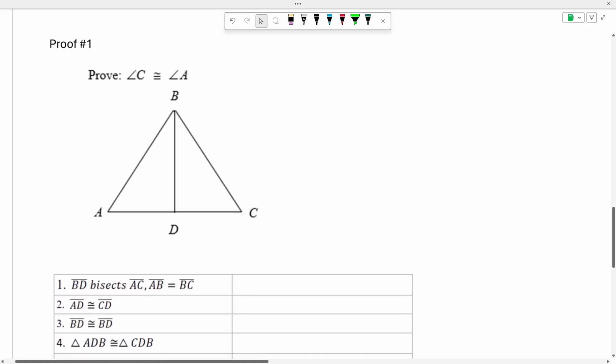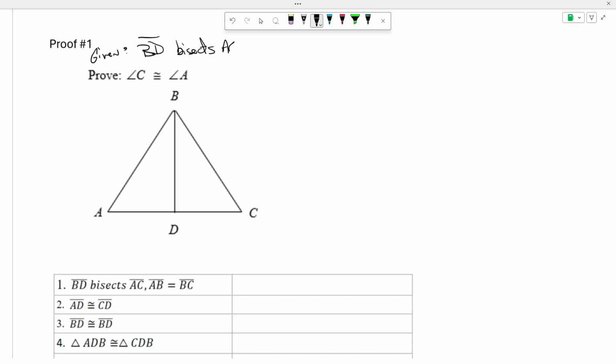Our first one here gives us a triangle, where my given information is that BD bisects AC and AB is congruent to BC.